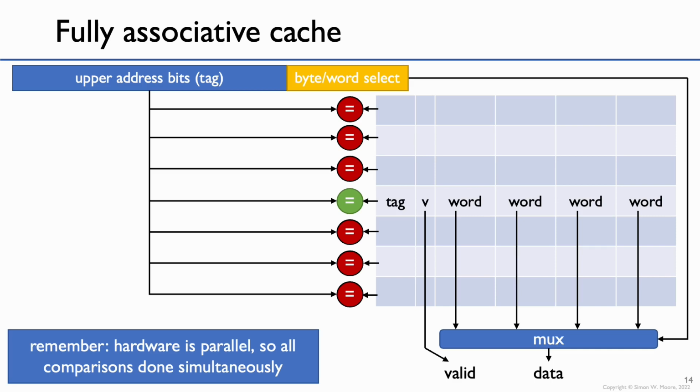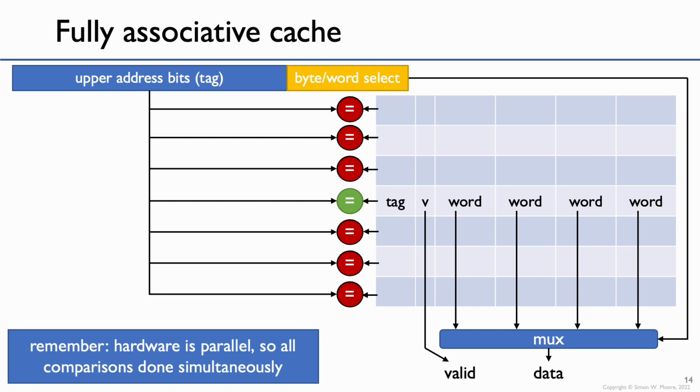Now let's have a look at alternative caching strategies. So we've just seen the direct mapped cache. Now let's look at a fully associative cache. So the idea here is that we use just the lower bits of the address as a byte or word select, and we use all of the upper bits of the address as a tag.